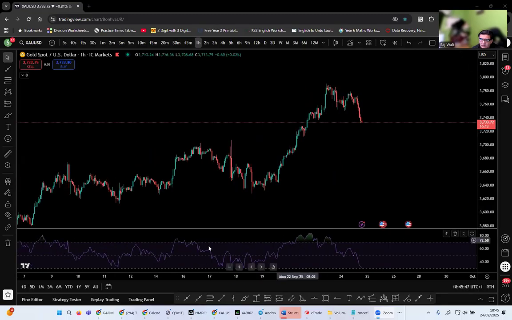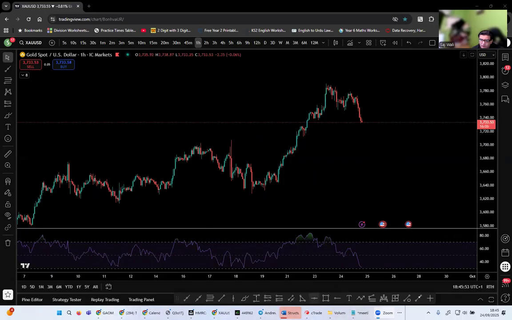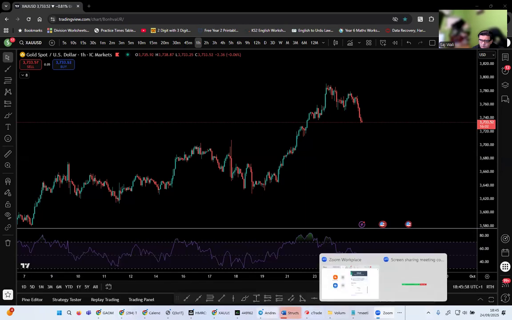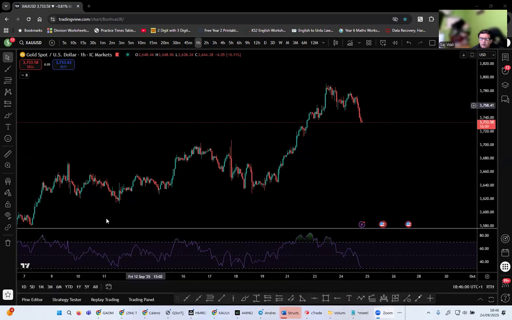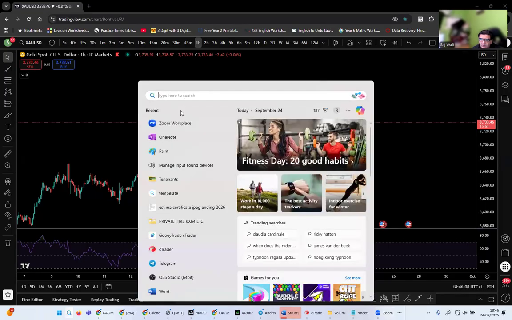So this is RSI, and regular RSI divergence will spot any reversals. That's regular divergence.